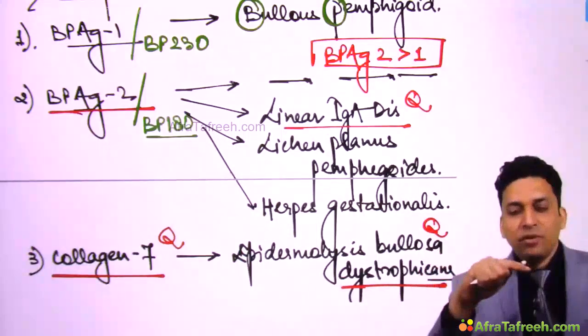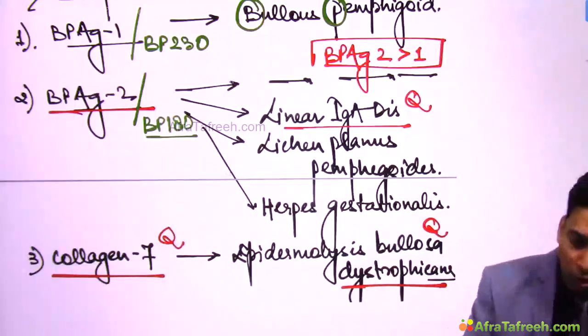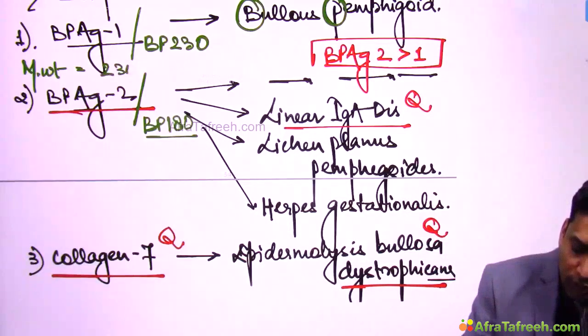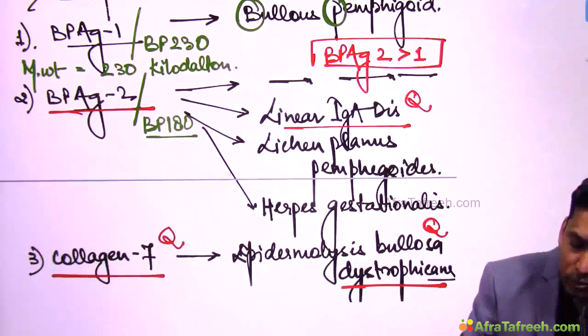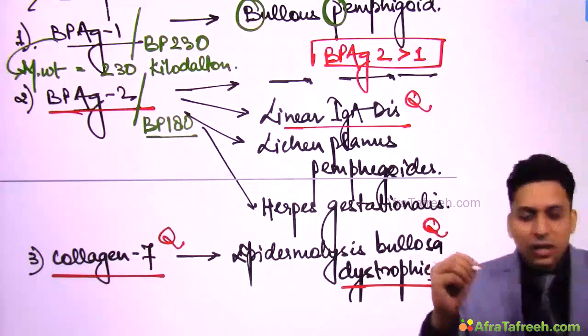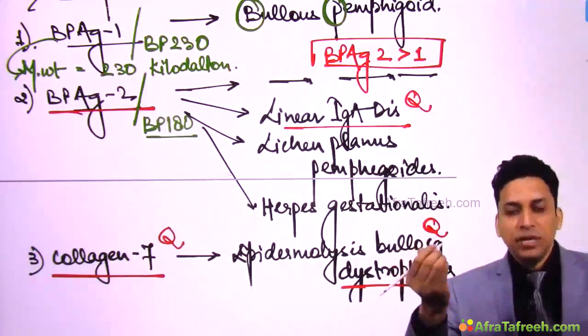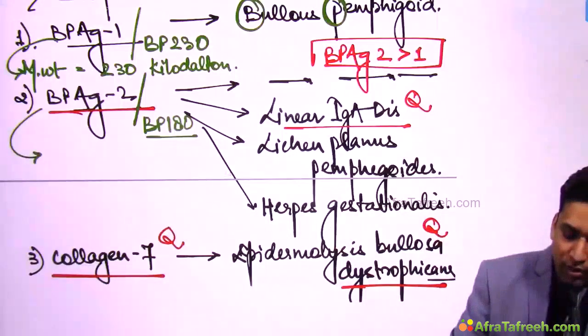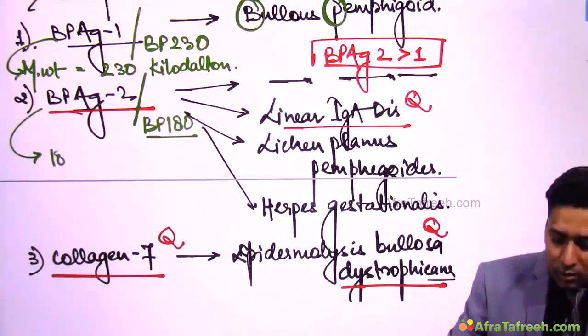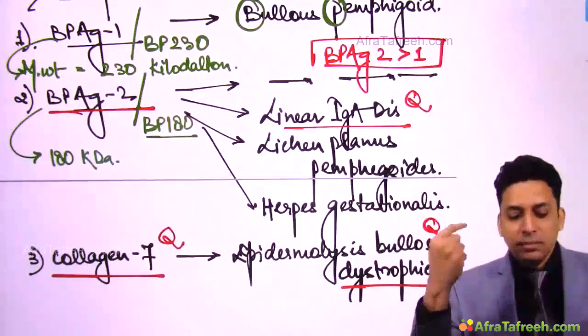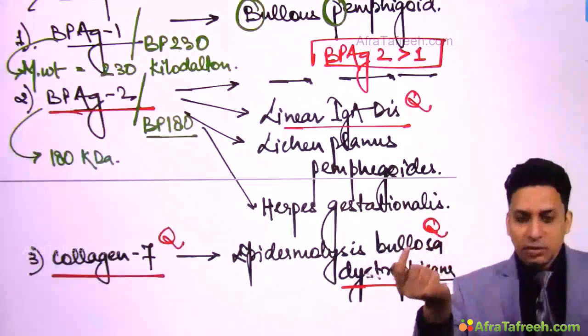So this bullous pemphigoid antigen 1 has a molecular weight of 230 kilodalton. So because the molecular weight is 230 kilodalton, in short sometimes it is written as BP 230. Similarly, the molecular weight for BPAG2 is 180 kilodalton. So that's why it is sometimes written as BP 180. So these are other names which you can remember.